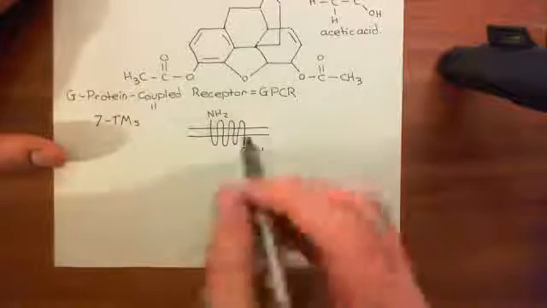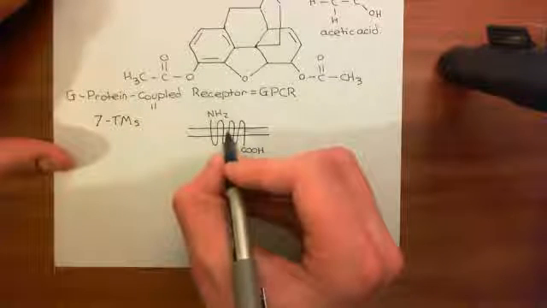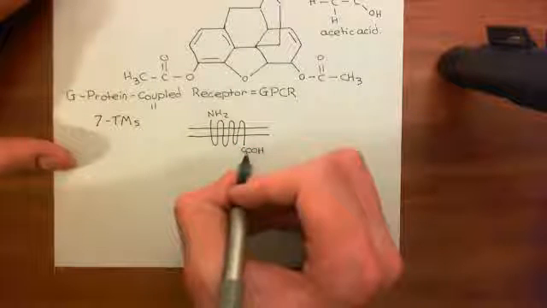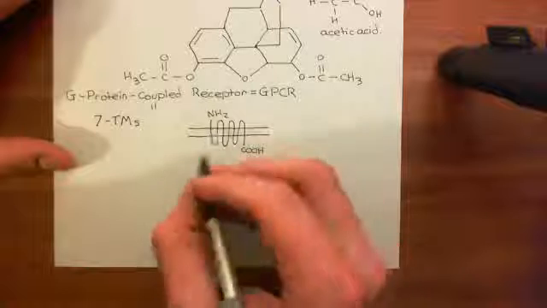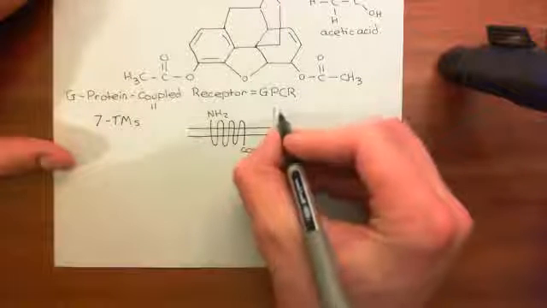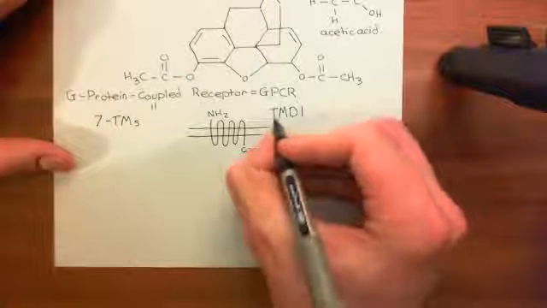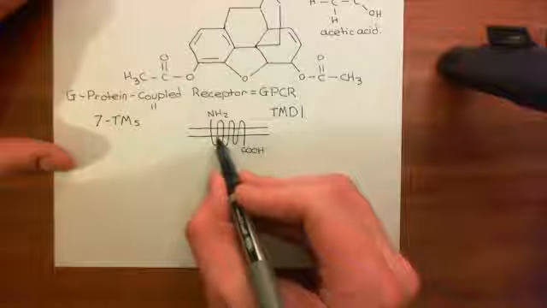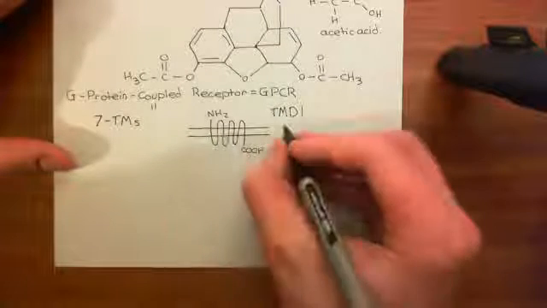The membrane-spanning alpha helices are labelled according to their order going from the amino to the carboxylic acid terminus. So this first one here is called transmembrane domain 1, which can be abbreviated to TMD1. Then we have TMD2, transmembrane domain 2, transmembrane domain 3, TMD3.